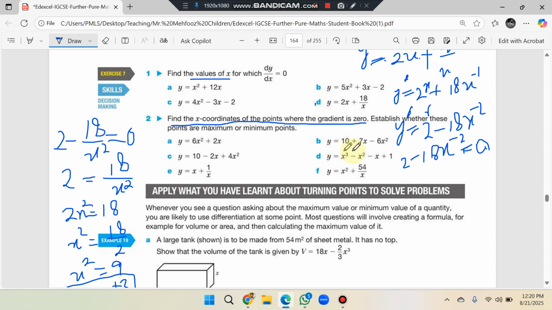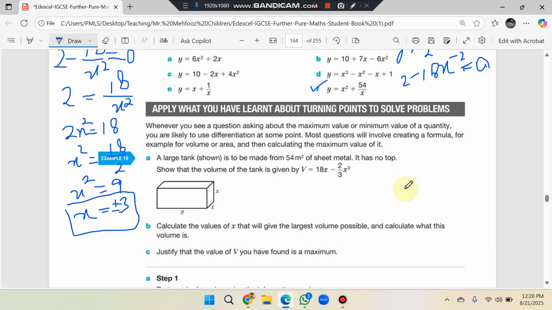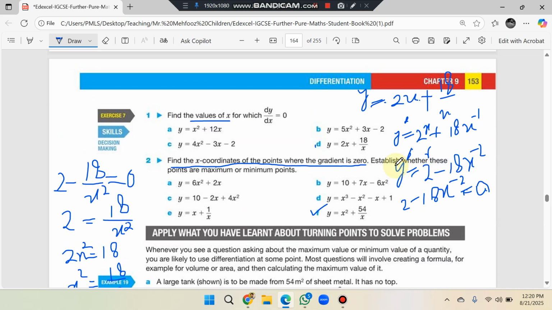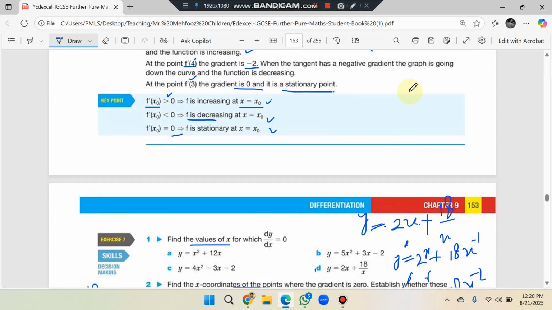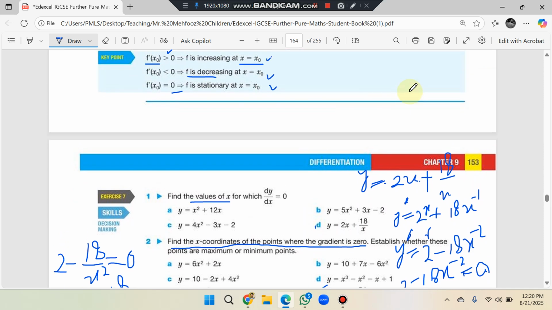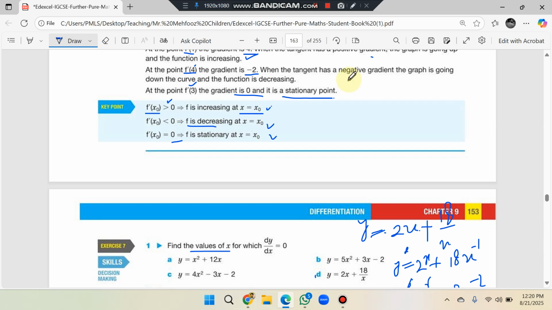So I will do question number F, which is quite difficult compared to these questions. You can see that question number F is y is equal to x square plus 54 over x.